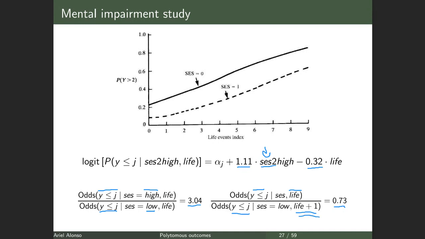So basically, increasing by 1 the number of life events reduces the odds of having a response smaller or equal than j by 30%. It is the same interpretation as in logistic regression.